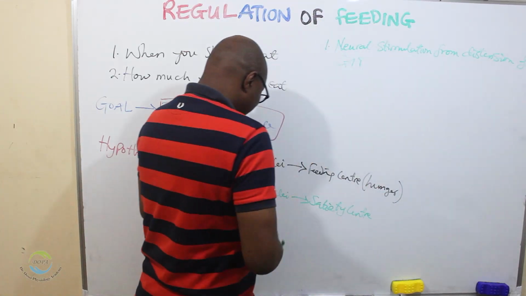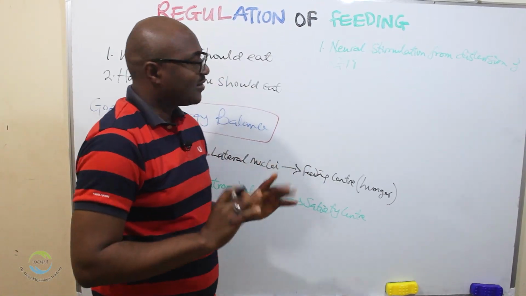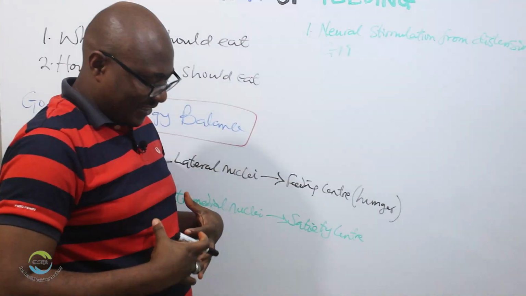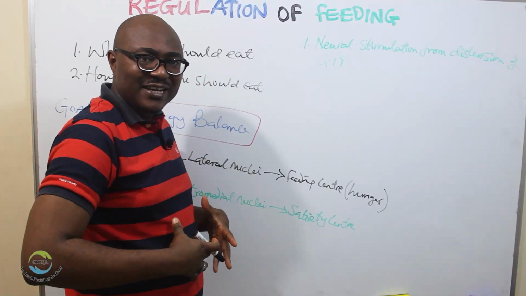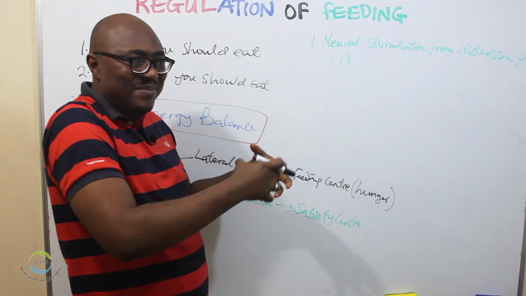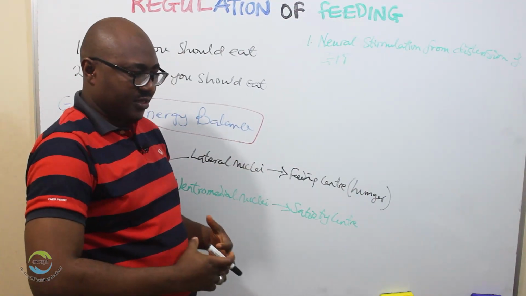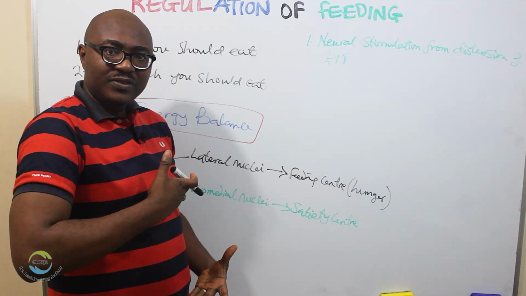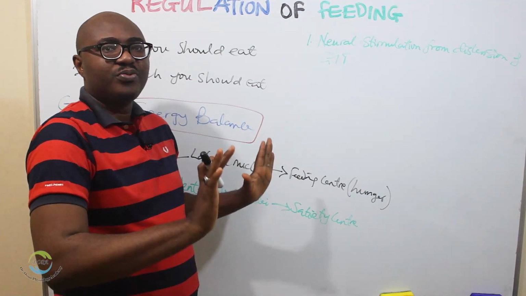So what does this one mean? It's referring especially to the stomach. When food enters your stomach, it stretches the stomach. So it's a mechanism that measures the volume of the stomach. It's saying the volume of food you've taken is enough, so you should stop.